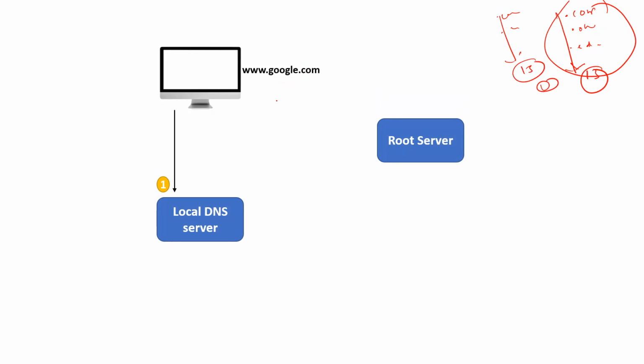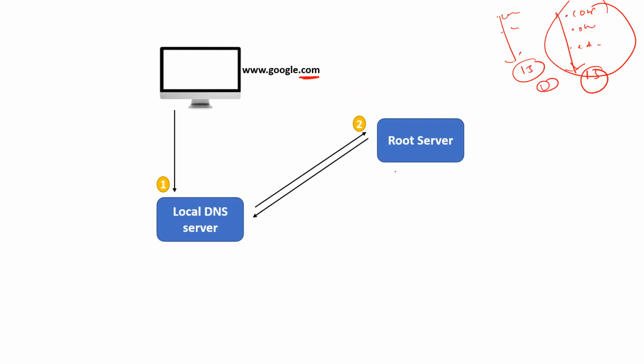So what you are trying to access is google.com, right? Our local DNS server will contact the root server, that is the .com root server. This is the second step. What you are trying to access is google, right?